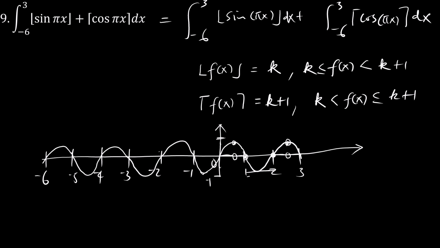Similarly, we have, sorry, this is 0, this is -1 all the way, and then here, and then here, -1 all the way, and then here we have.